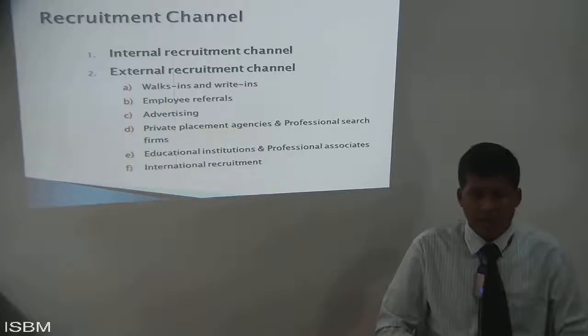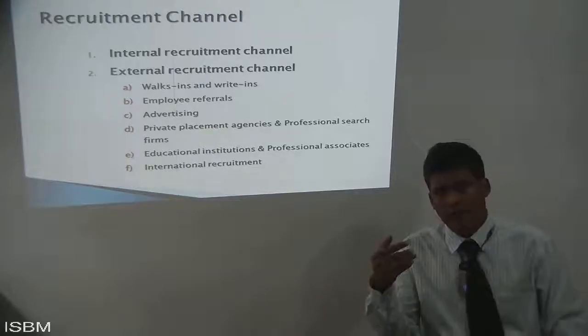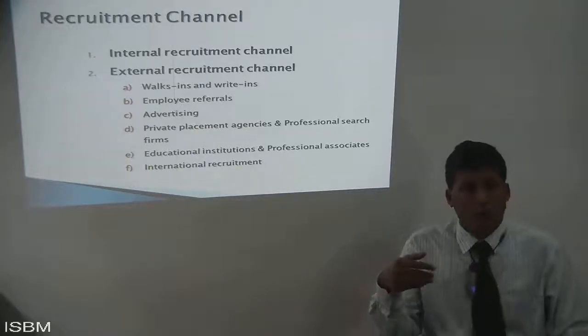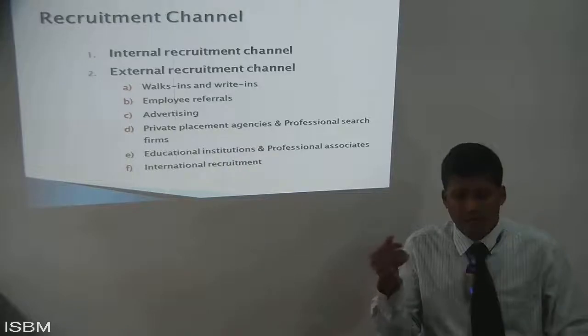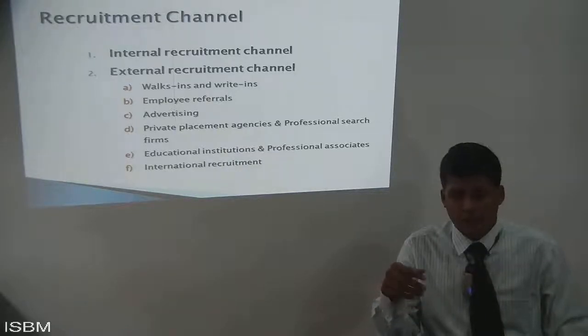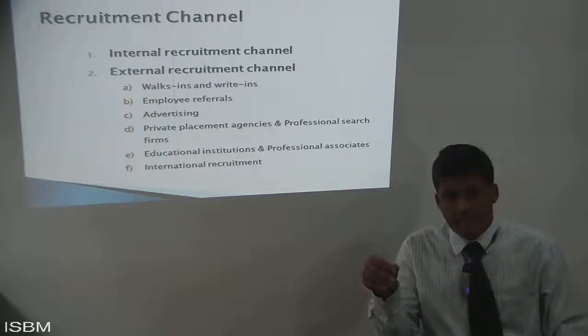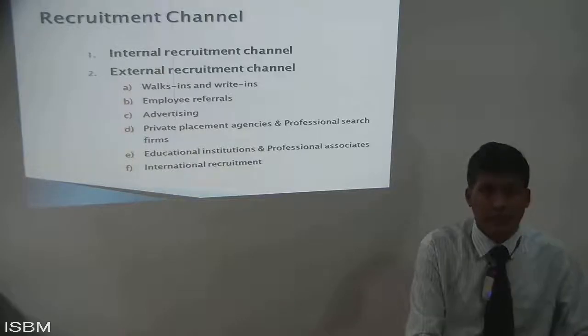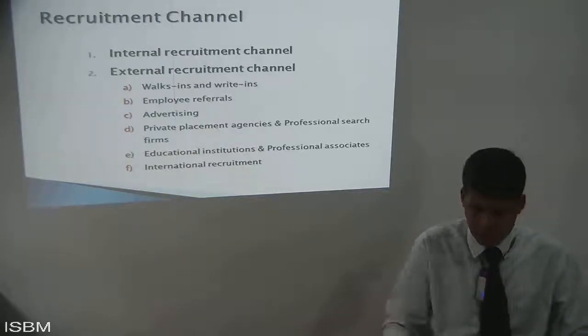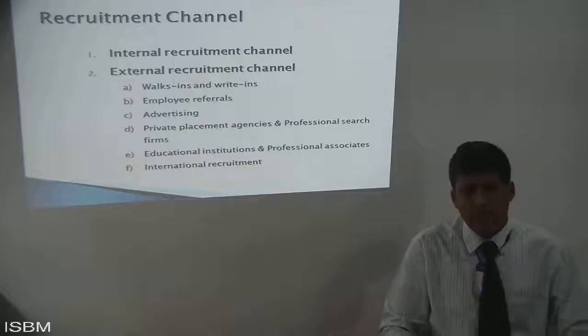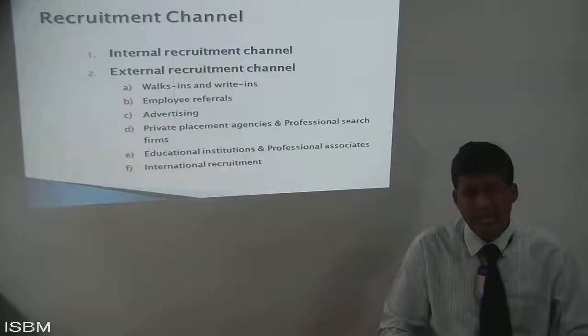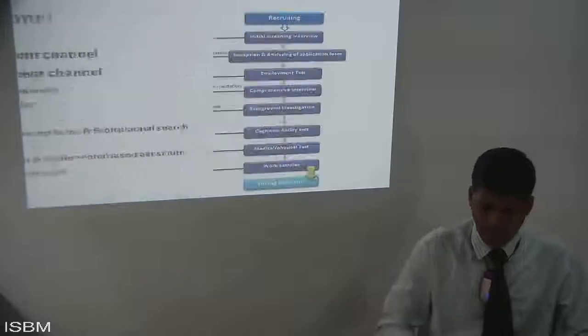In the external channel, there are walk-ins and write-ins. Walk-ins are walk-in interviews. Write-ins are people who send in a resume. There could be employee referrals as well, advertising, private placement agencies and professional search firms, educational institutions and professional associations, and international recruitment. These are the various things used in the external recruitment channel.